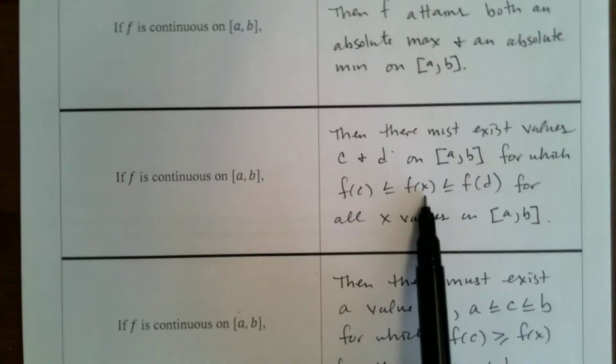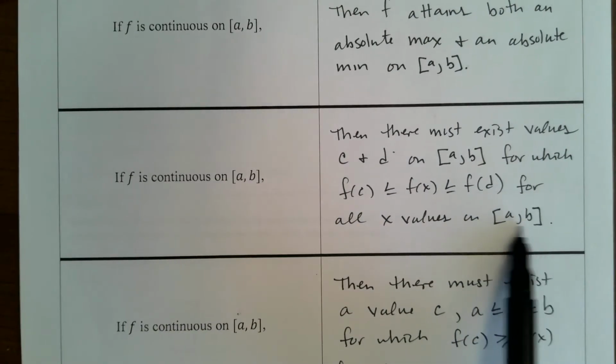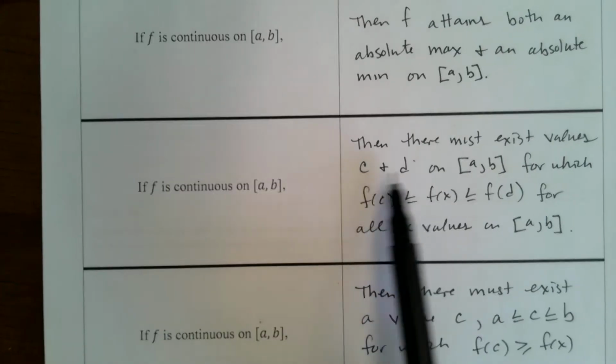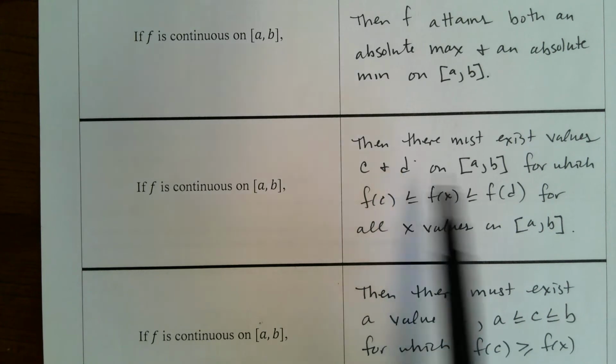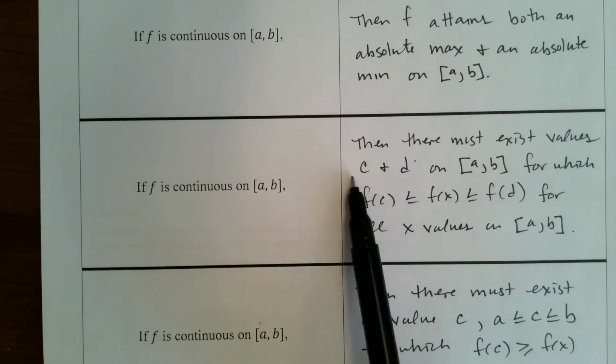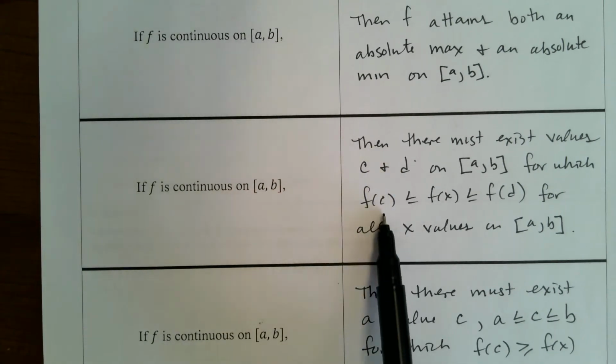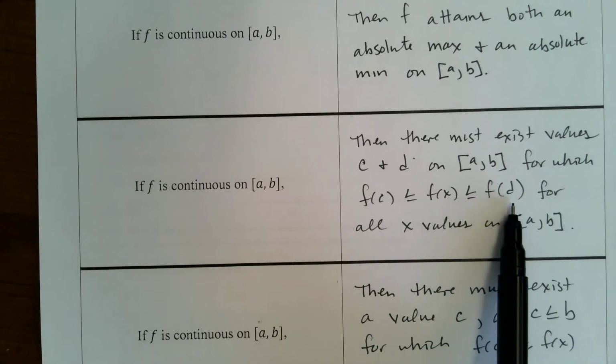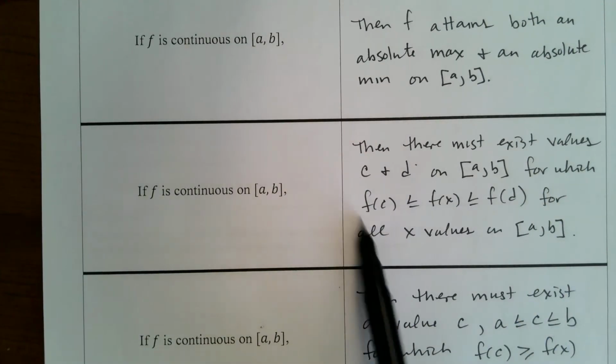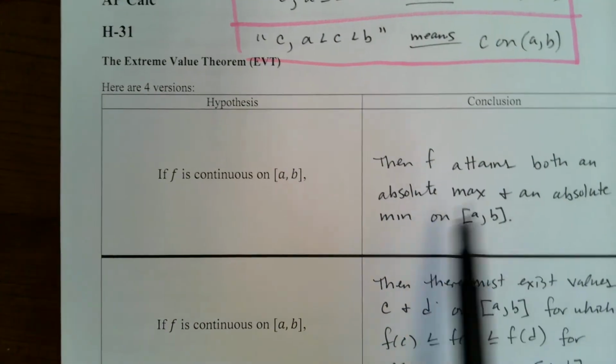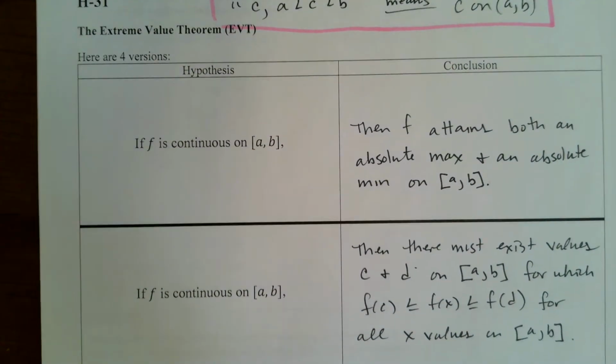So x could be any x value on AB, and these numbers C and D represent the inputs for the very lowest y and the very highest y. So this is another way of stating that f attains both an absolute max and absolute min.